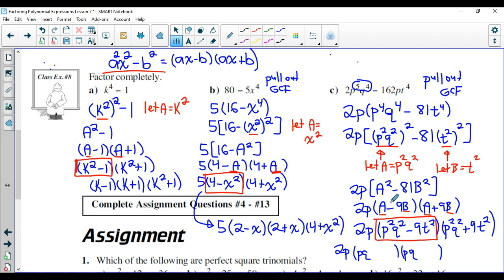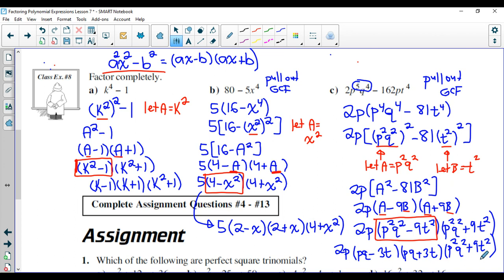So the square root of 9t squared would be 3t. One of them's minus, one of them's plus. And then we also have to write down this term on the outside here, which is p squared q squared plus 9t squared.